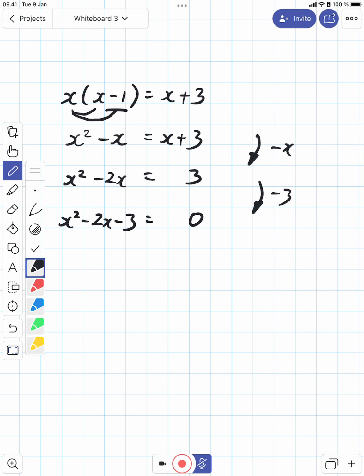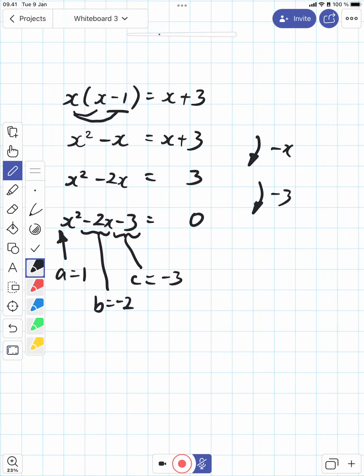Now I've got a quadratic equation arranged how I like it. I can use, for example, the formula on it. So if I use the formula, I've got a equals 1 because I've got 1x squared there. I've got minus 2x, so b is minus 2. And I've got minus 3 on the end, so c equals minus 3.